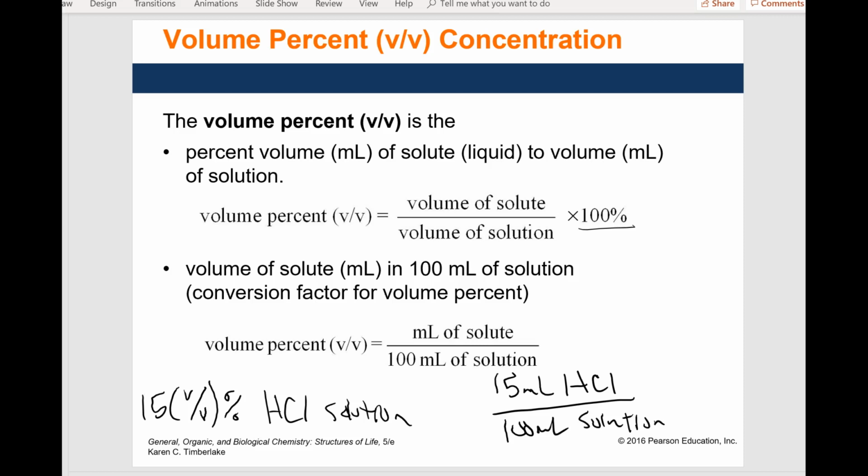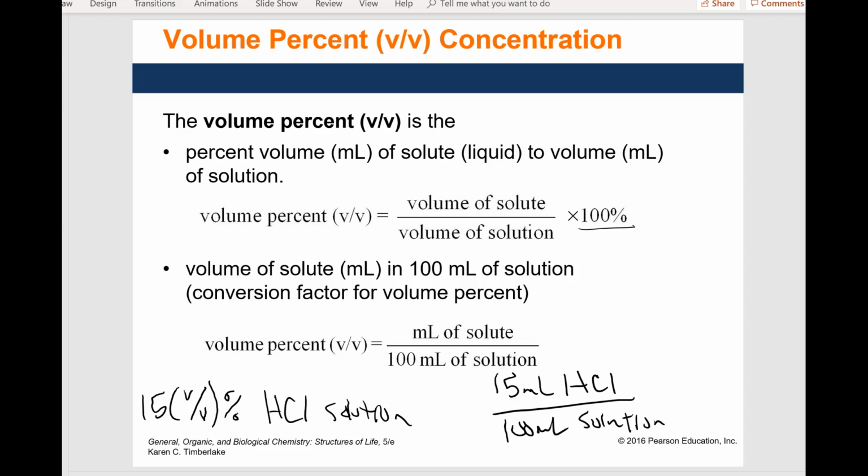These are conversion factors. And so if I was given a volume of solution, I would use this as my conversion factor to get how much volume of HCl I had in that amount of solution. So I would set up my bridge like that.